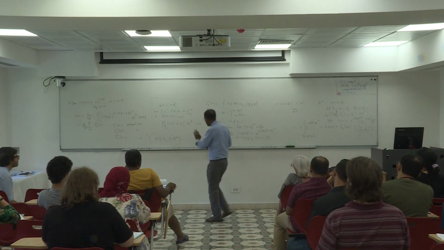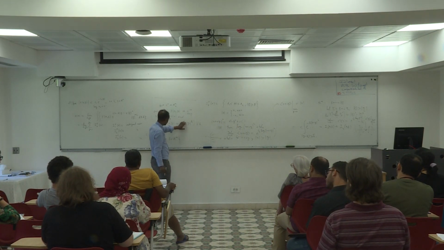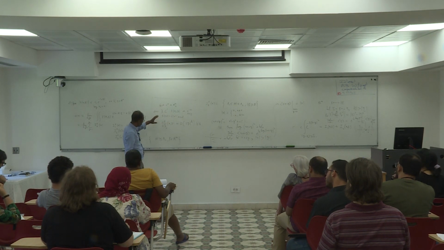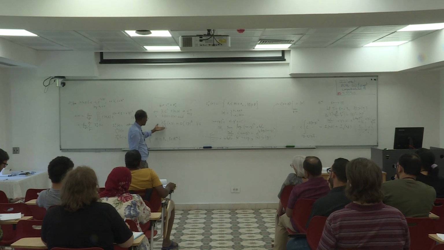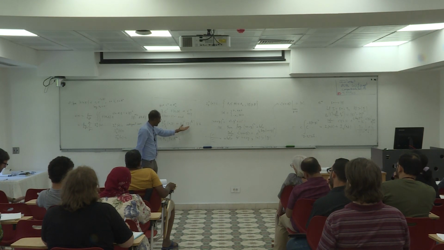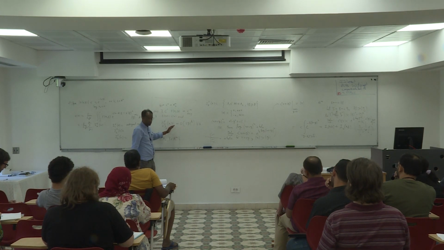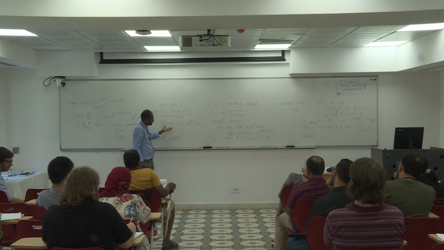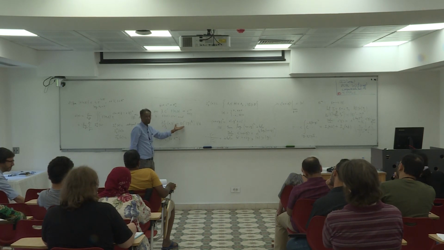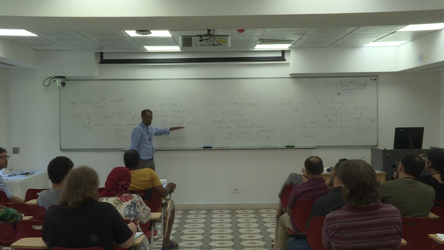So now let me explain the following. This is called vanishing to infinite order. When does a function have a property like this? If the function is C infinity, it has a property like this if all its derivatives at y equal to 0 are 0. But if the function is only continuous, you cannot differentiate it. However, you can still talk about vanishing to infinite order at y equal to 0, okay?